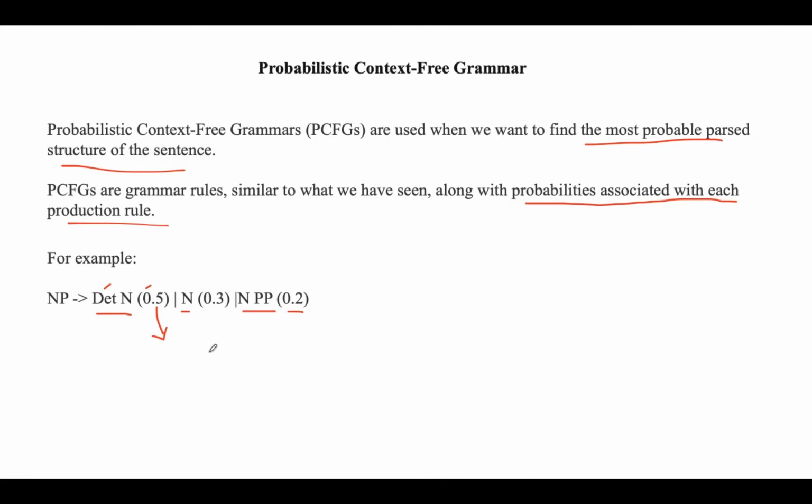Make sure that the sum of the probabilities of a given production rule is 1. If you add all these, 0.5 plus 0.3 plus 0.2, it should give you 1. So this is the basic idea.